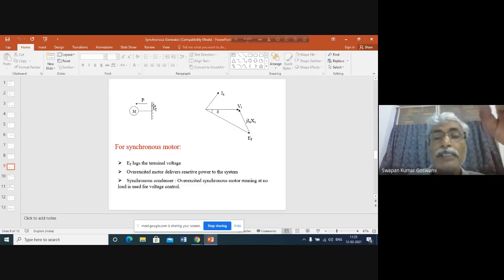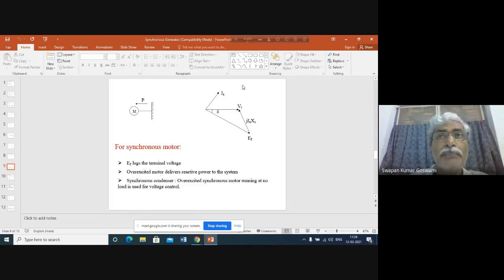We have taken VT as reference. Now delta is a lagging angle, so it is EF VT by XS sine minus delta now, because with respect to VT, EF is lagging. So in the direction of power flow, power is now negative. It means the motor will draw active power from the system.